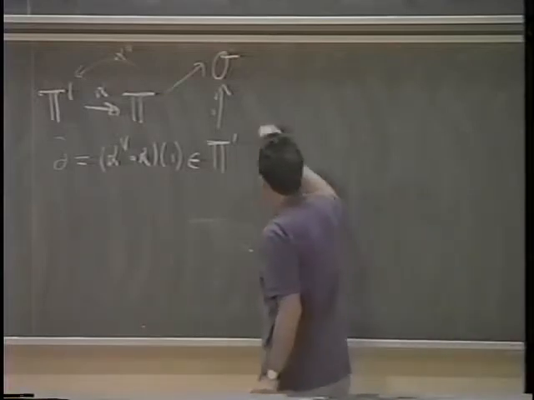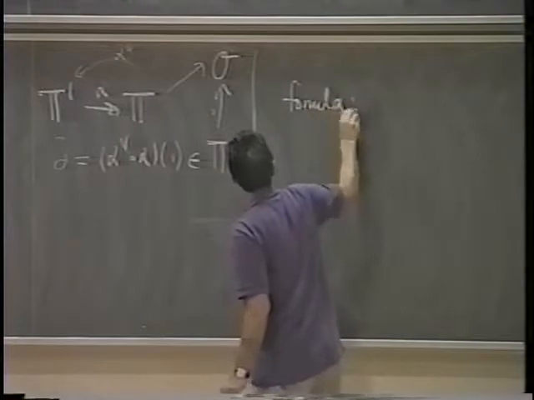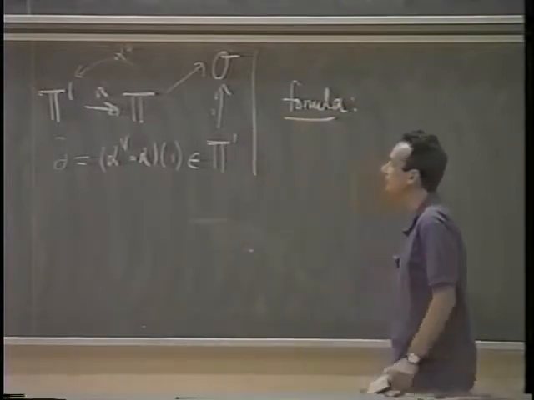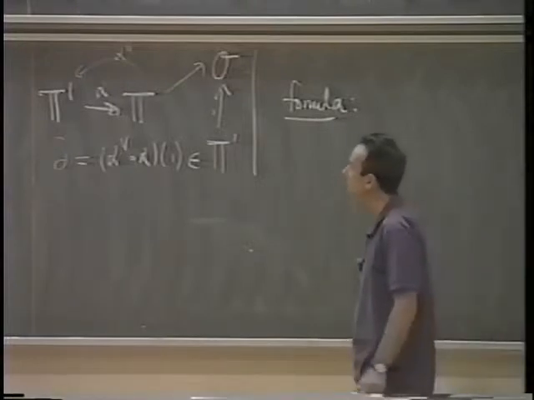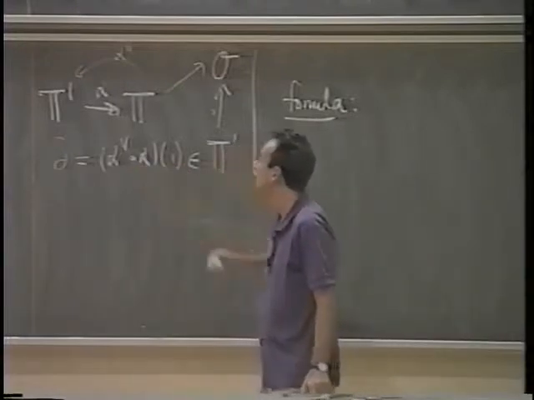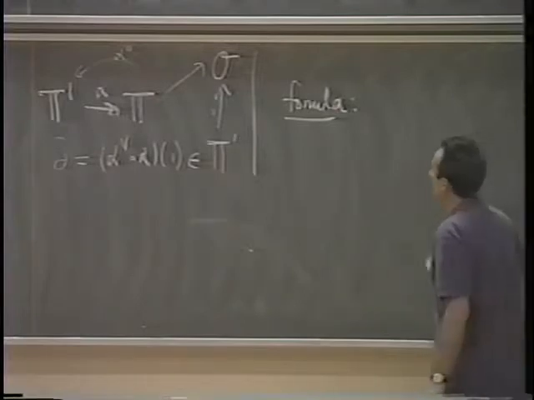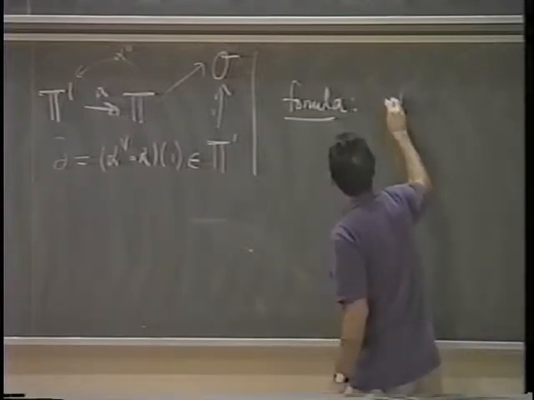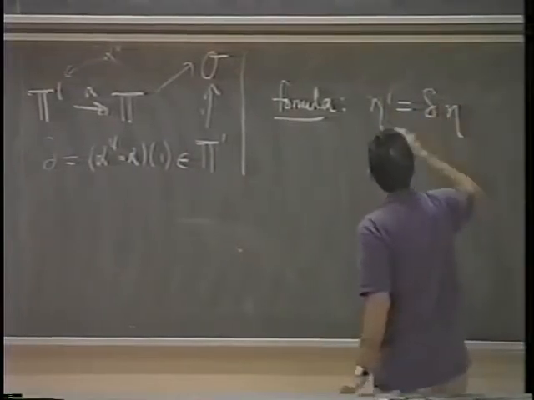And then the formula that you get, which is perfectly transparent if you use the Gorenstein property to define these Ada invariants just by taking maps and their duals, is that Ada prime is equal to delta times Ada.